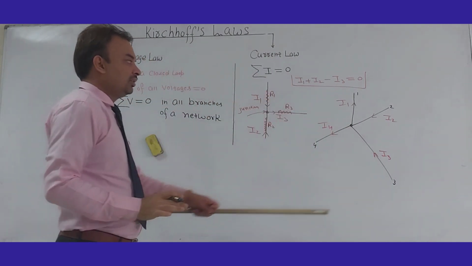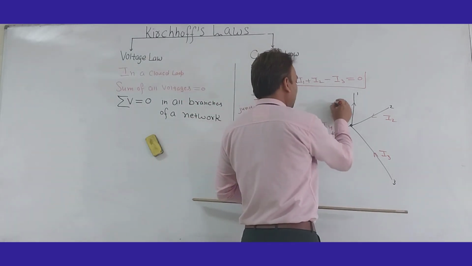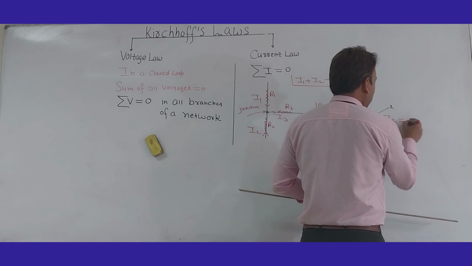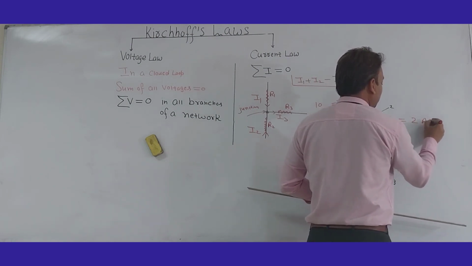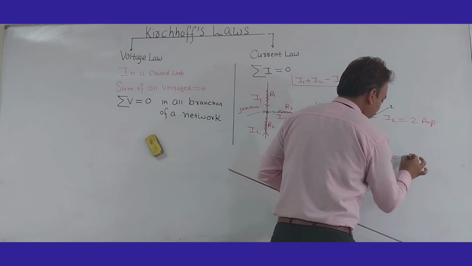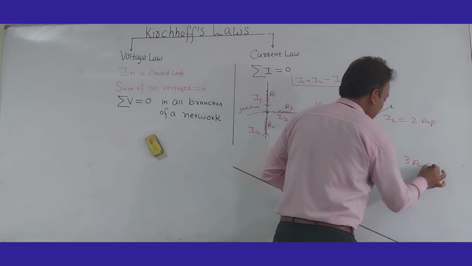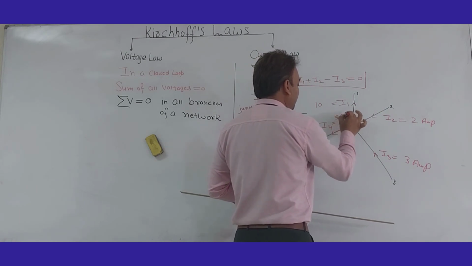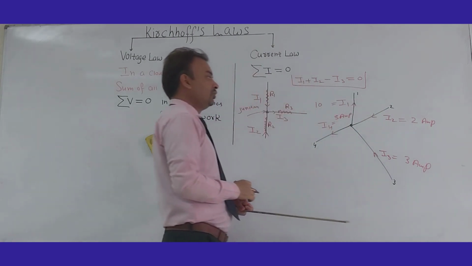Now apply Kirchhoff's law, and suppose this is 10 ampere, this is 2 ampere, this is 3 ampere and this is 5 ampere. So these are the values of current.